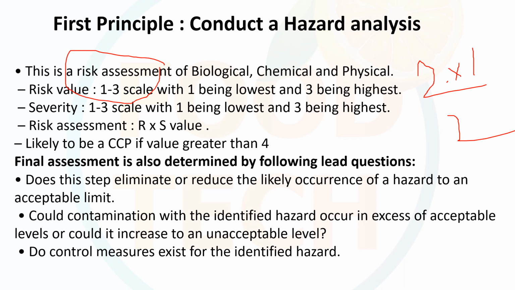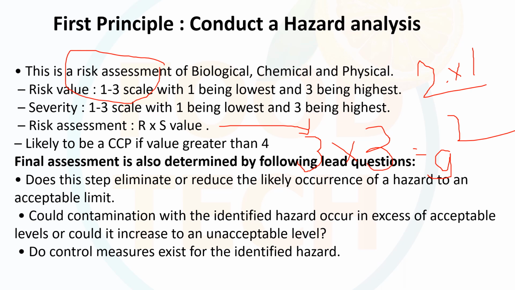So 9 can be the maximum risk assessment value. In case the risk value is 3 and the severity is also 3, the risk assessment value is 9, the maximum for any product.